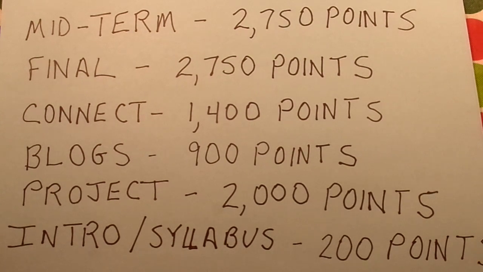Honestly, these are primarily Learn Smart activities. There are 900 points coming from blogs, 2,000 points coming from your course project, and 200 points coming from the introduction and the syllabus.